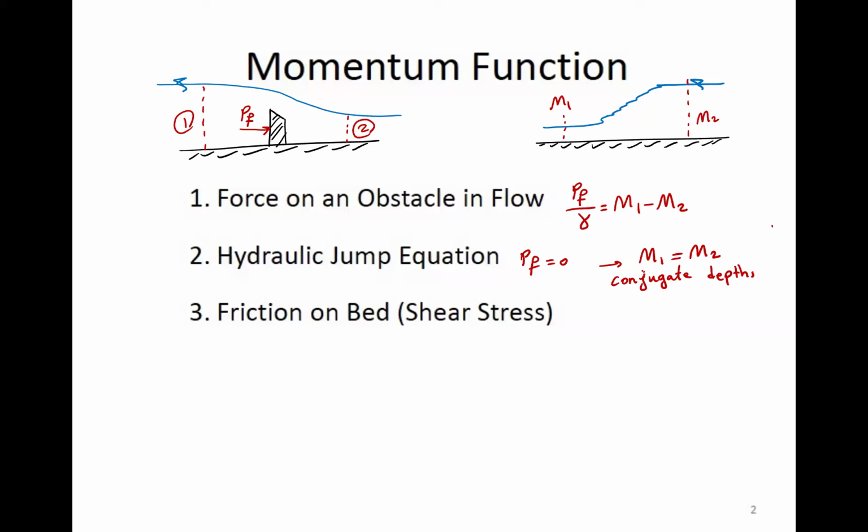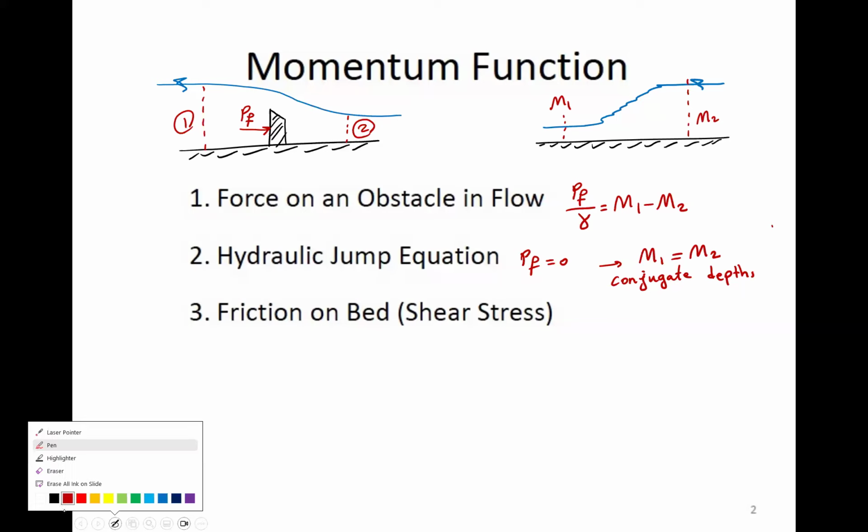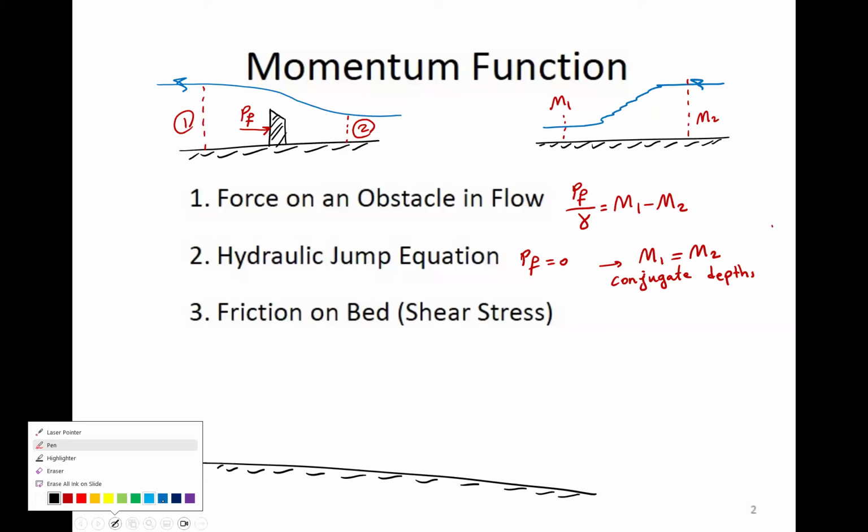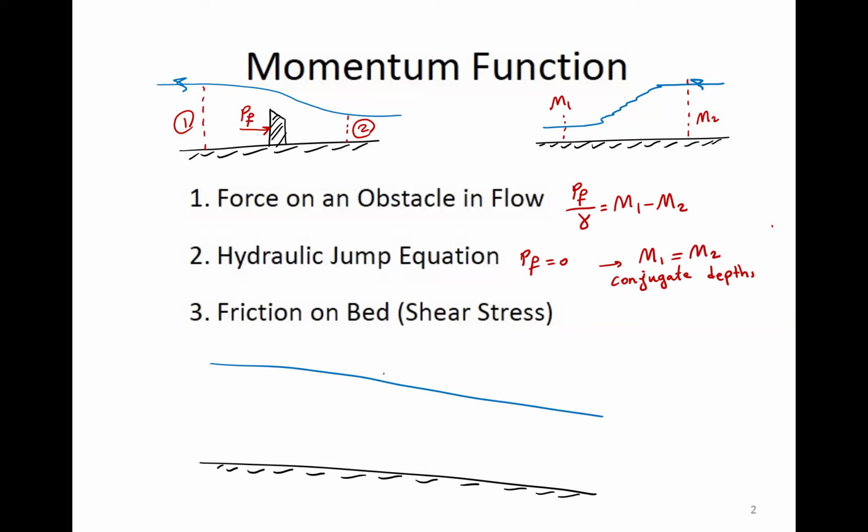Today we're going to look at the third application, and it's friction and resistance and bed shear stress and so on. So in this case, we're looking at a scenario where that's our channel, and we have the water level up here, and we have a flow of, let's say, Q in this channel, and we have a friction force or shear stress acting on the wall.